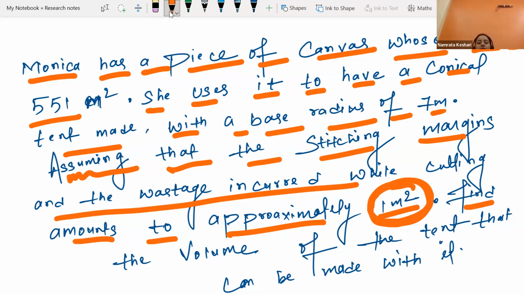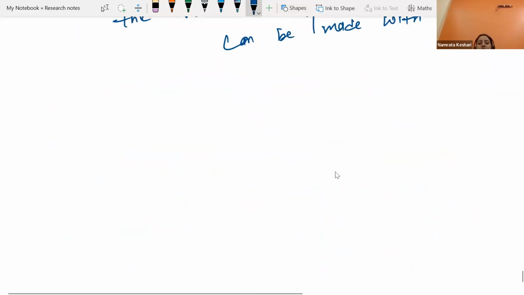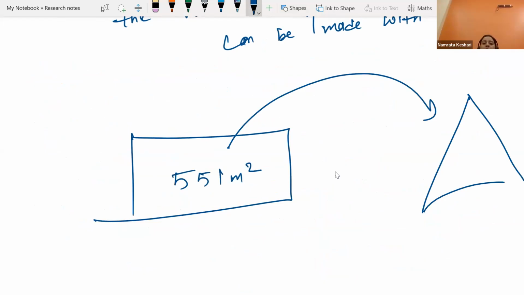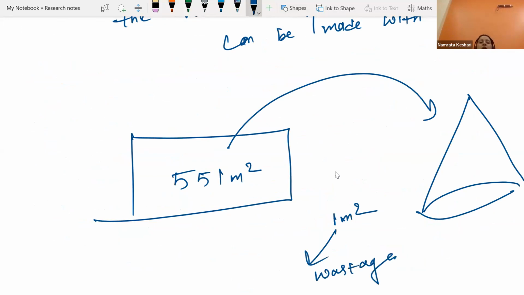Find the volume of the tent that can be made with it. तो basically हमारे पास एक piece of cloth था जिसका area दिया हुआ था 551 meter square. इससे use करके tent बनाना है, एक conical tent. पर जैसे ही हम tent के लिए use करें, हमारा 1 meter square wastage में चला जाए, तो हमारे पास बचेगा क्या? जो हमारे पास बचेगा इस 1 meter square को exclude करके 551 से, वही हम use करेंगे tent के लिए. Yes or no? Yes, ma'am.